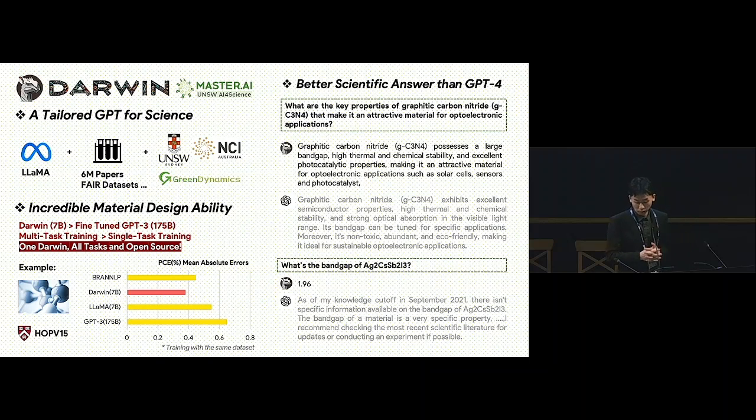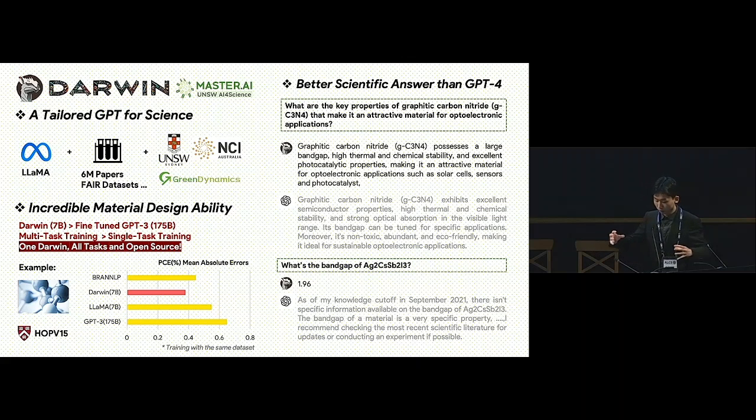The other thing that we found very interesting is that it shows very strong and incredible material design abilities. What it means is that we found that with multitask training, our DARWIN model can predict not only inorganic single material properties, for example, inorganic material band gaps, but at the same time, in one model, it can predict the power conversion efficiency of organic solar cells.